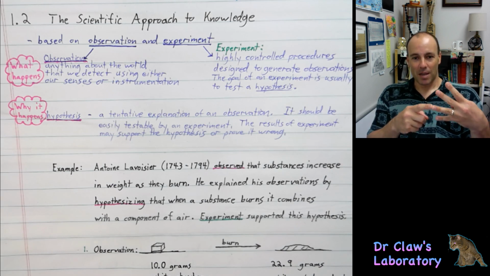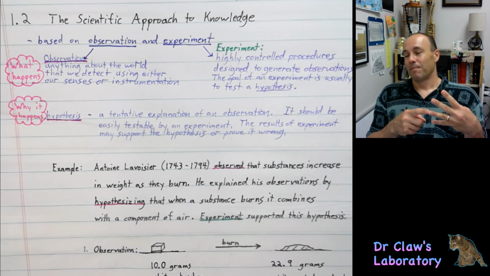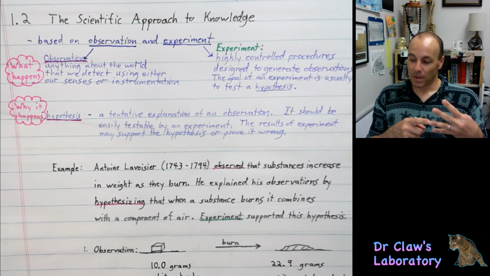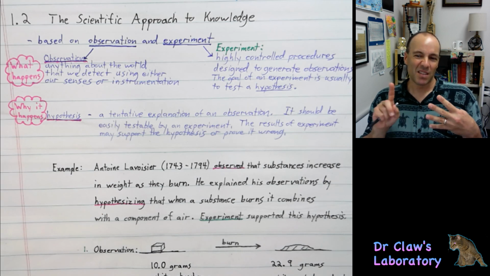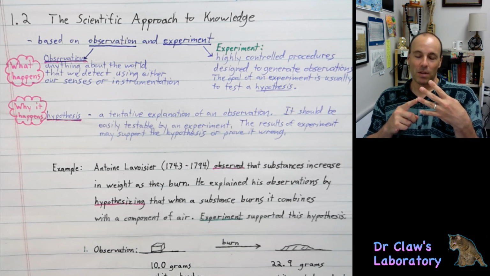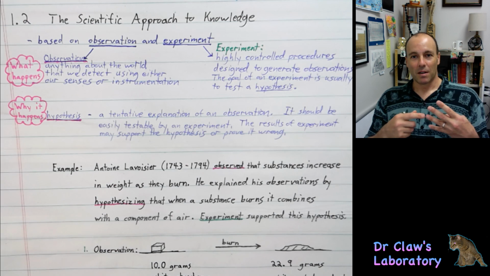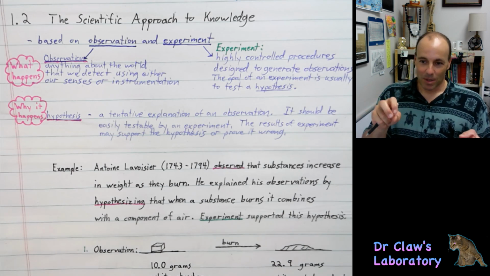Well, typically the next step, step 3, is to formulate a hypothesis. A hypothesis is a tentative explanation of the observation. So what do you think's going on? And it should be testable. So if we're talking about our tree leaf example, I hypothesize that the reason the leaves are turning color and falling to the ground is because there are little squirrels that are going around all the trees, and they're chewing on the leaves.